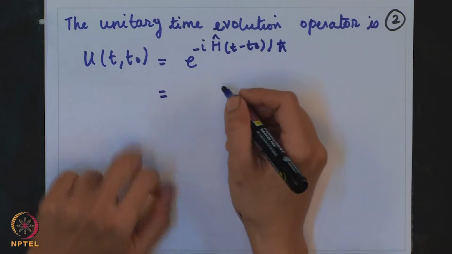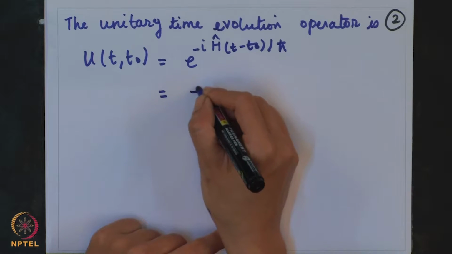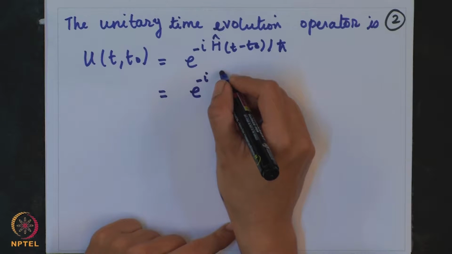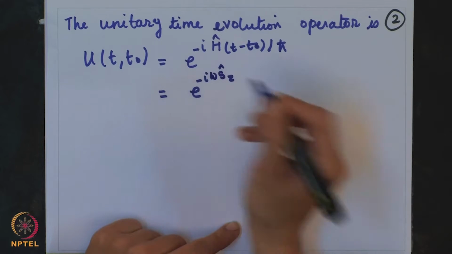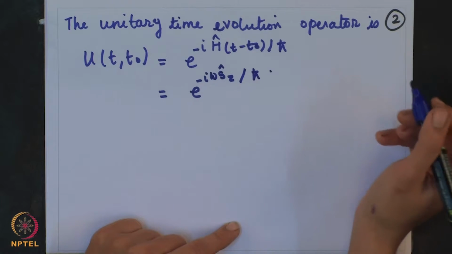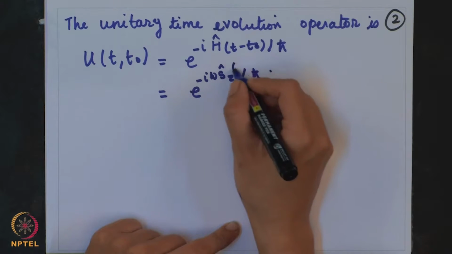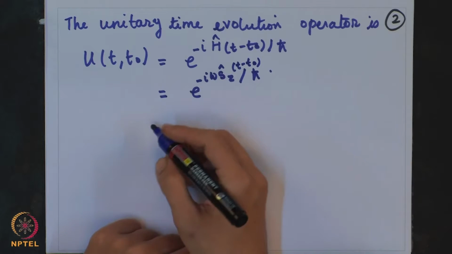And we know the form of the Hamiltonian operator, it is of the form omega Sz. So, e raised to minus i Sz times omega upon h cross into the factor (t minus t naught), which is here.